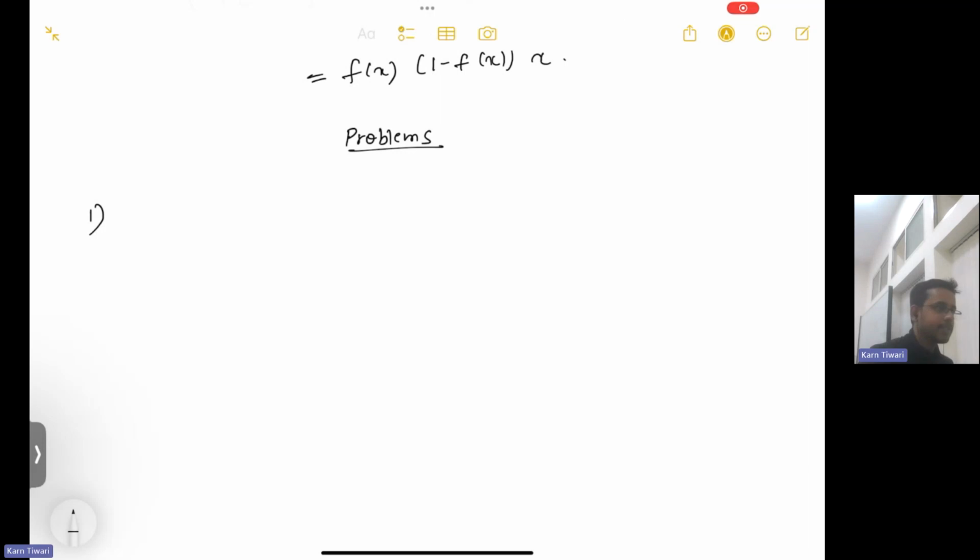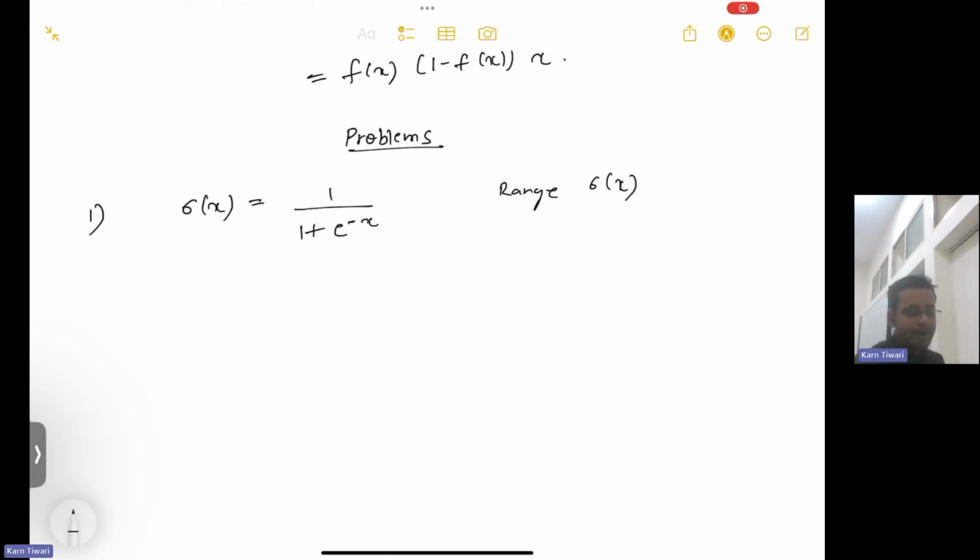So the first question: we know the sigmoid function, which is of the form 1 divided by 1 plus e to the power minus x. The question is the range of sigma of x.